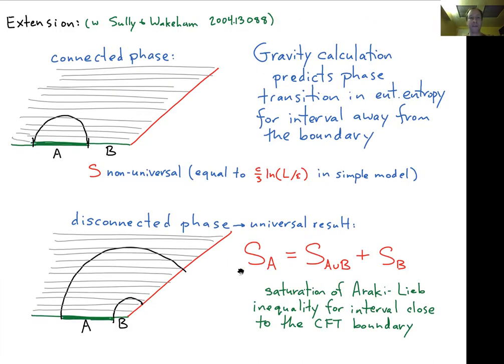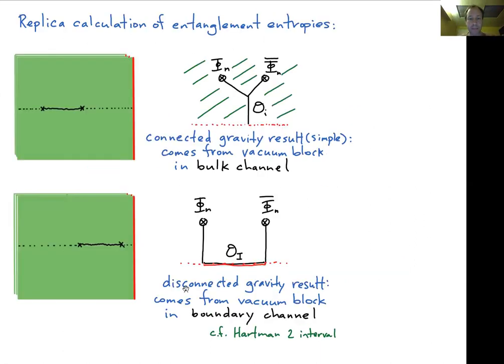So the very robust prediction from the gravity theory is that if this interval is close enough to the boundary, then for pretty much any holographic CFT, we expect that in this channel, just keeping the vacuum block should give the right answer. And in our paper we translated that into more detailed conditions on the spectrum of bulk and boundary operators in the CFT.